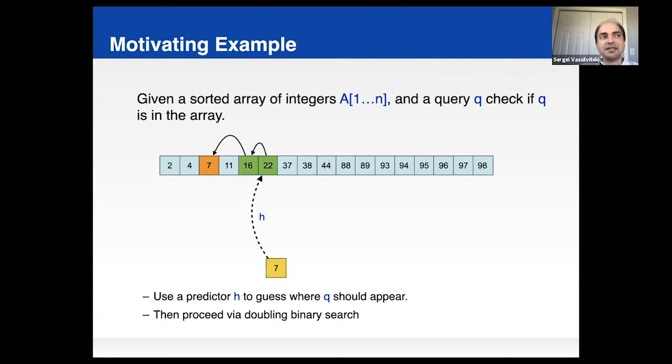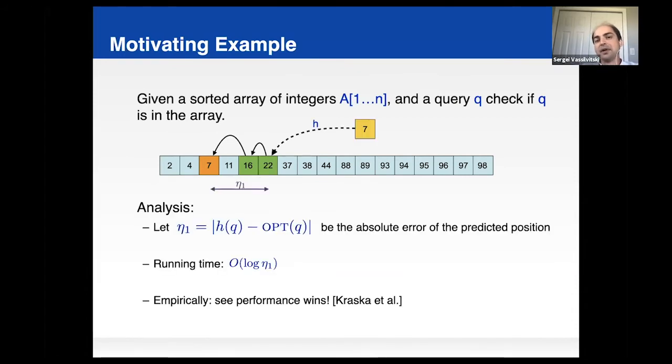This is essentially one of the ways to think about the learned index structure paper that really kicked off a lot of the work that I'm going to talk about today. The analysis here is relatively simple. If I look at the error in my prediction, I should have looked in the 3rd bucket, but I'm looking in the 7th bucket from the very beginning.